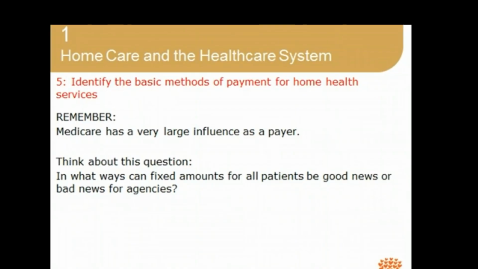That could be good in some ways because it's controlling costs, but it could be bad in other ways because occasionally there are providers that don't accept Medicare clients because they can't afford it, because the reimbursement is too low. So then we end up with potentially lots of folks who are on Medicare who don't have a provider. So it can be an issue. It can go both ways, which is what this question is getting at.